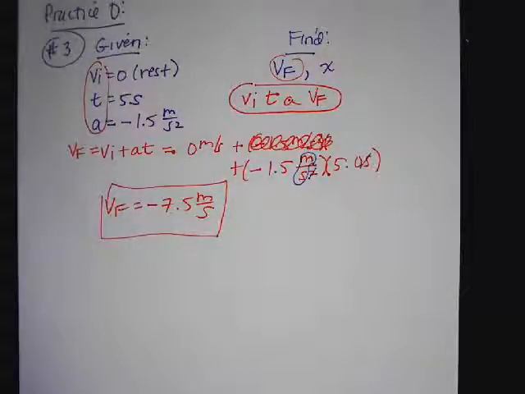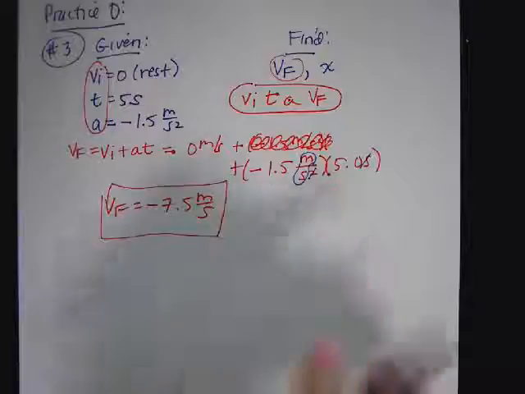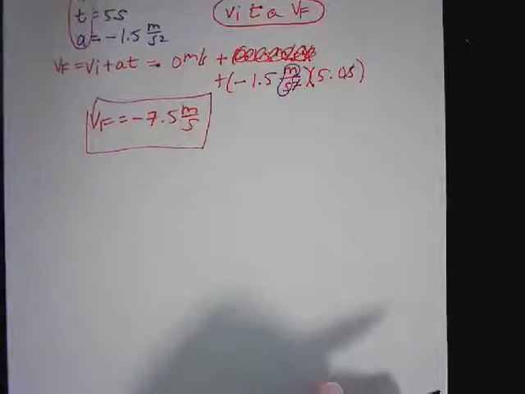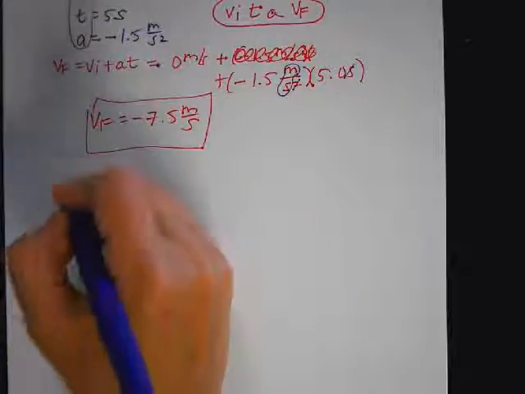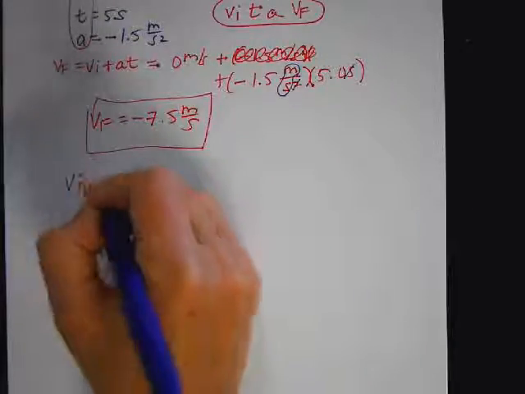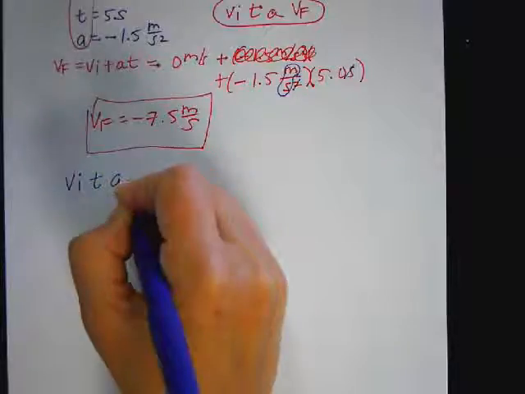Now we still have to do part B, where we want to find x. There might be more than one way to do it. I have Vi, I have t, I have a, I just found Vf, and now I want to find x. So now I have choices.